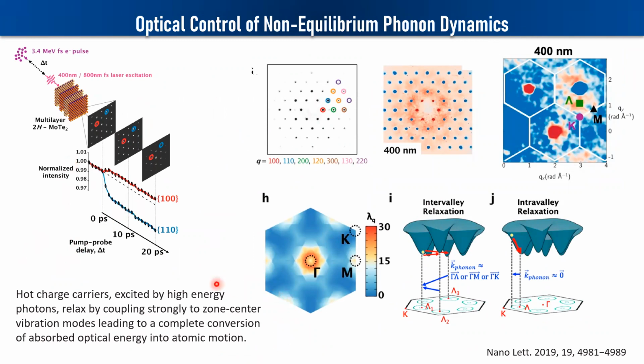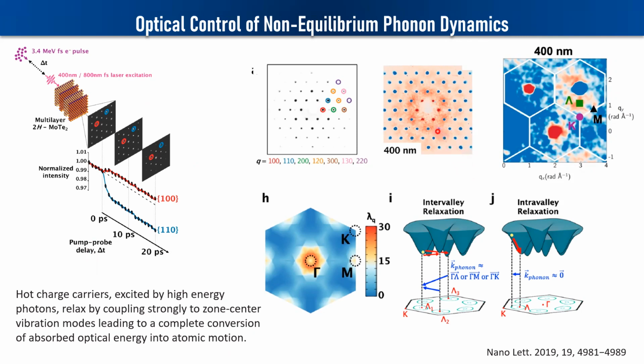In the telluride system, the difference in energy between the two different phases, that is the 1T prime phase and the 2H phase, is relatively smaller. And the UED experiments indicated some very interesting results in the case of MoTe2.